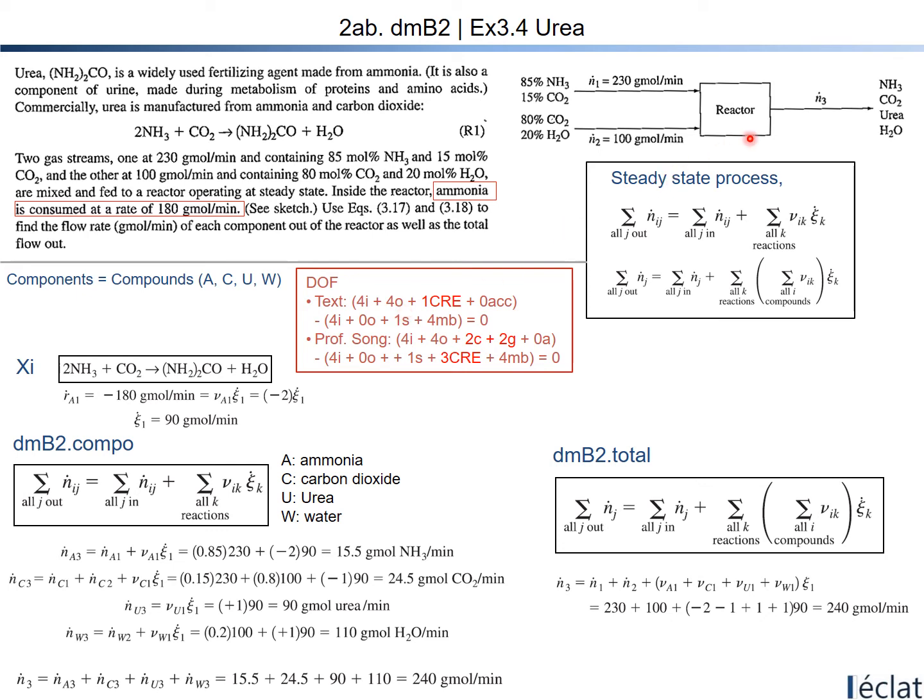Then let's go to the system. In the textbook method, you should count the number of chemical reaction equations plus the number of accumulation terms. This reactor is working at steady state, so 0 accumulation. However, we have one chemical reaction equation, so there is one freedom coming from the chemical reaction equation. The total number of freedom is 9.